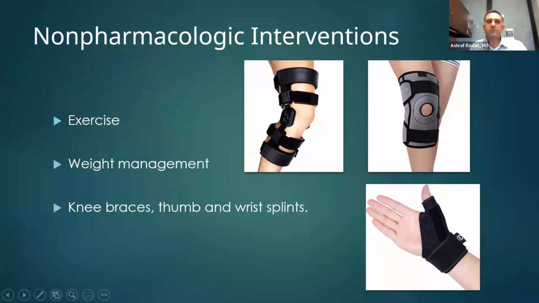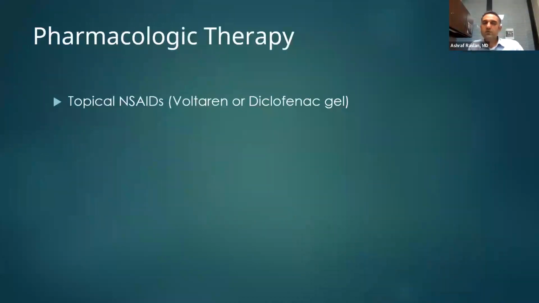So all of these are important, especially exercise and weight management, which are very important ways of managing osteoarthritis, and they should be the first things that are done. Now, many people do require some pharmacological therapy, medications, to help with that.